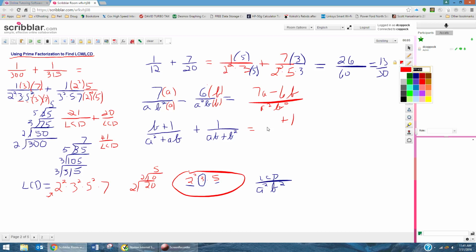This is a B. If I write this in factored form, there's a greatest common factor of A, so I can write it like this. Factored out an A, A plus B over, I can factor out a B.